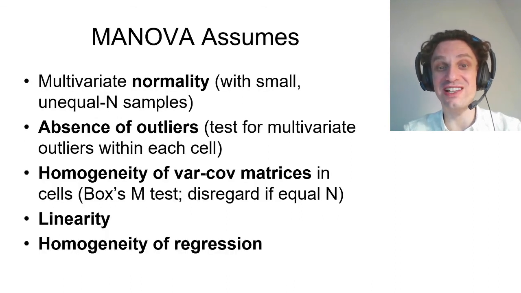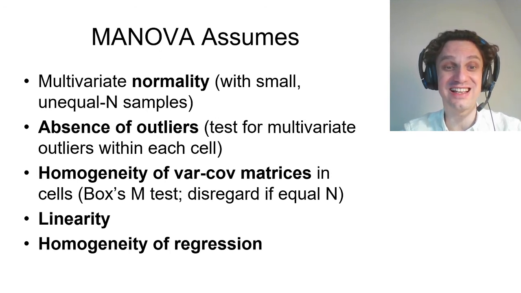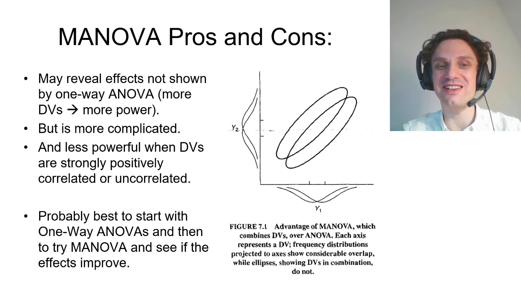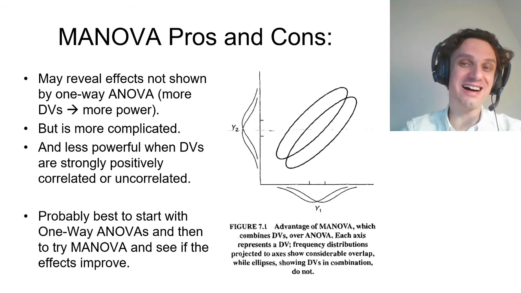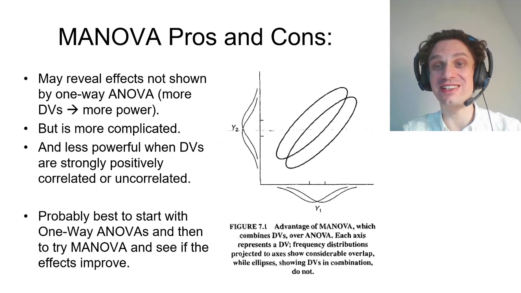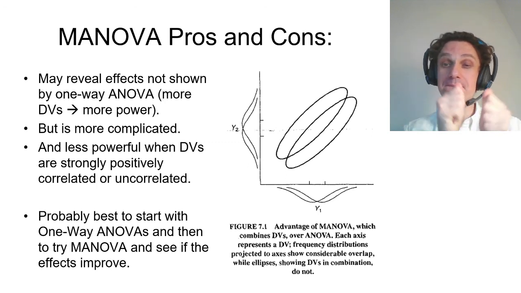It's not only homogeneity of variances, but also homogeneity of variance-covariance matrices and of regression for covariates. So it's a little bit more tricky. And also, when your dependent variables are either very correlated or completely uncorrelated, it has less power. The optimal situation for MANOVA is when your outcomes are weakly to moderately correlated.